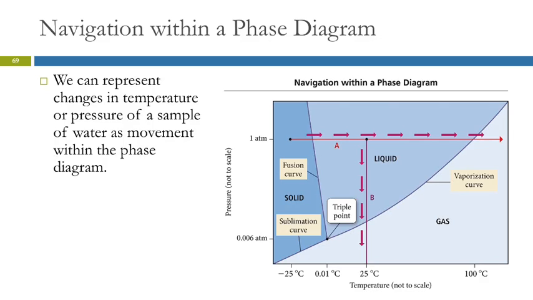Why? That's a good question. Because water is less dense as a solid. And so if you start right here, just above freezing temperature, and you decrease the pressure, the water will freeze. If you start down here, the water's frozen, and you increase the pressure, the water will melt.